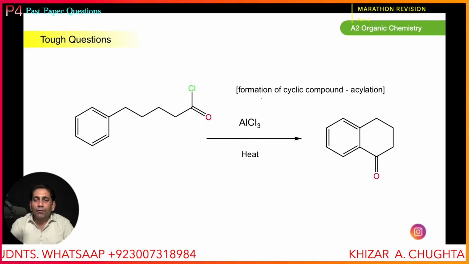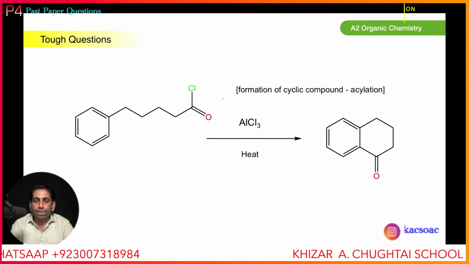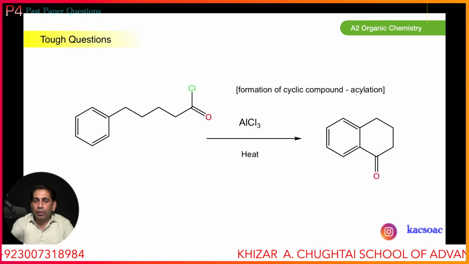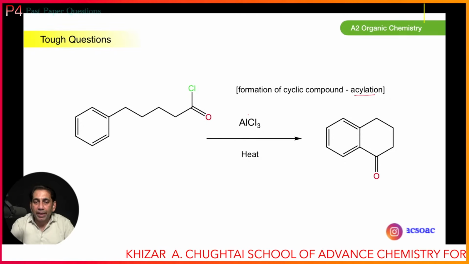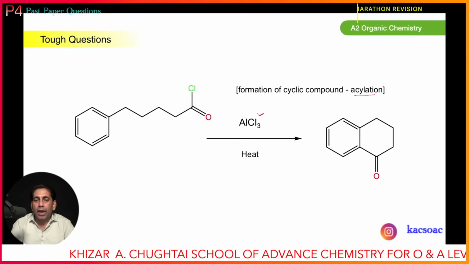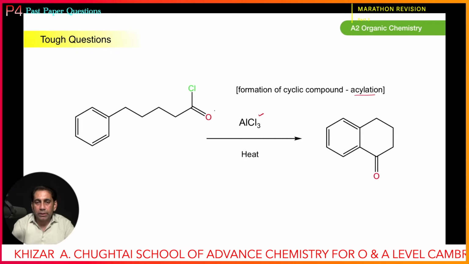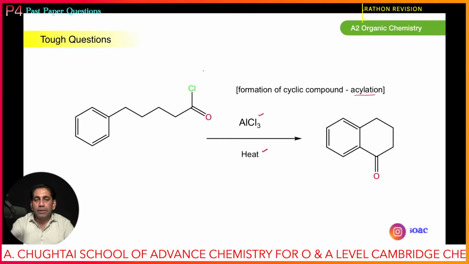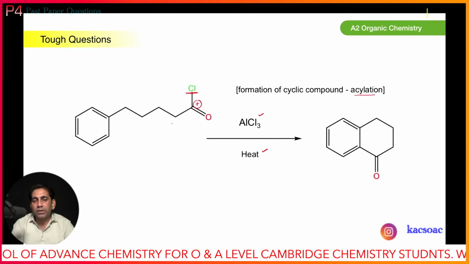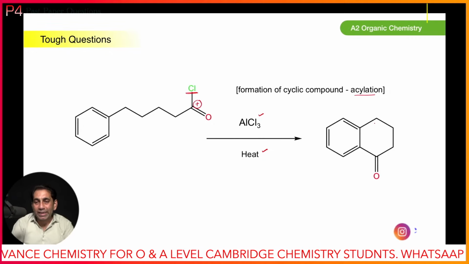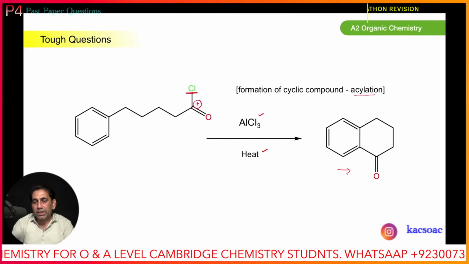First of all, formation of cyclic compound, acylation, is going to happen. Now, yes, if we have AlCl3 and this one group as well, and you heat, so simply speaking, it's going to snatch this Cl and it is going to generate positive ion on it. So in this case, you can see it over here.